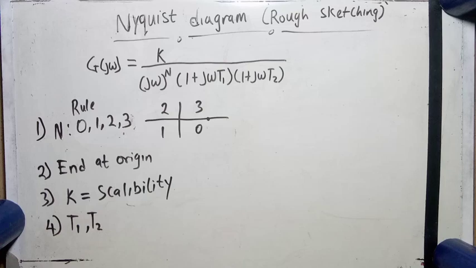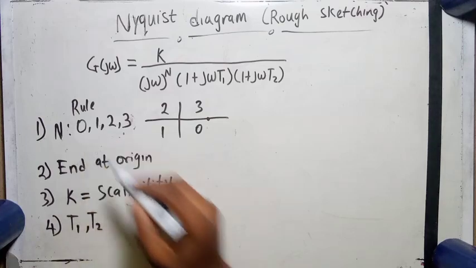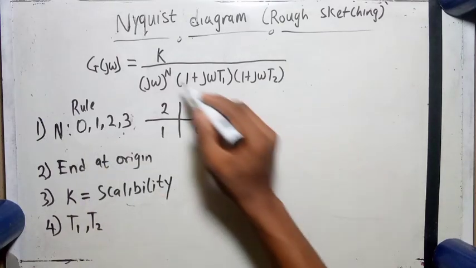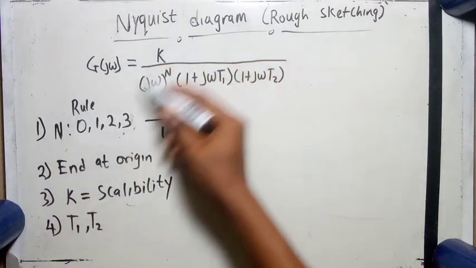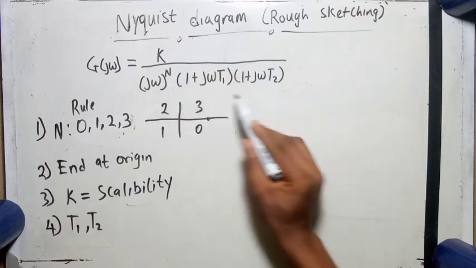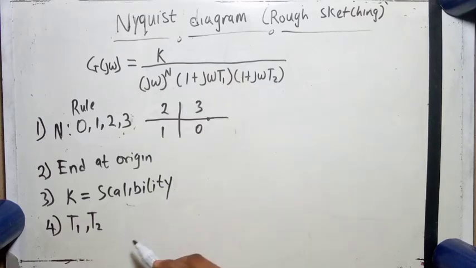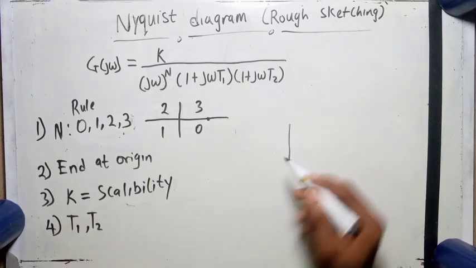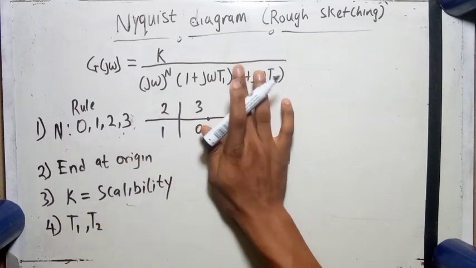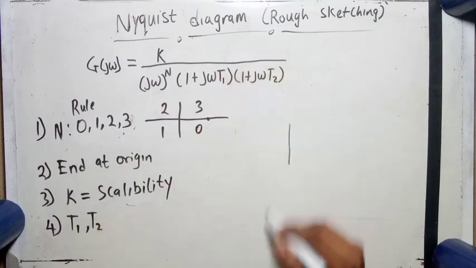Whether T1, T2, T3, it tells you the number of turns your graph is meant to be having. Let us say we are drawing for this particular one that has T1 to T2, we're going to be having about 2 turns. If we had only T1, that's if this one wasn't here, we have only 1 turn.